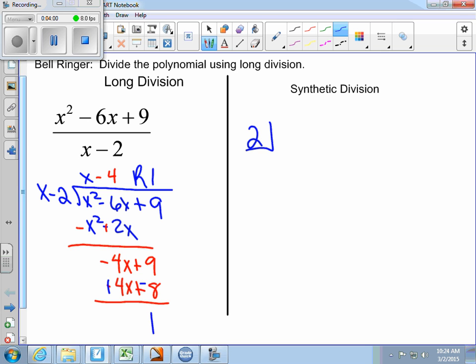Essentially, synthetic division is going to take out variables, which is what make our brain hurt, and make it easier on us. Beside that, we're going to put the coefficients of the dividend of this. So what's the coefficient of x squared? What's the coefficient of negative 6x?